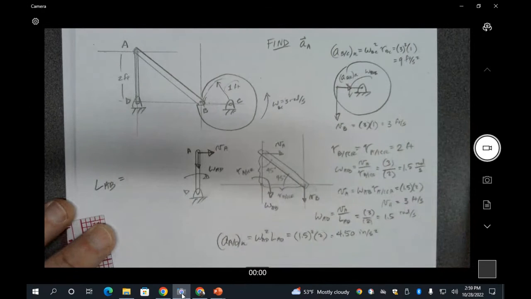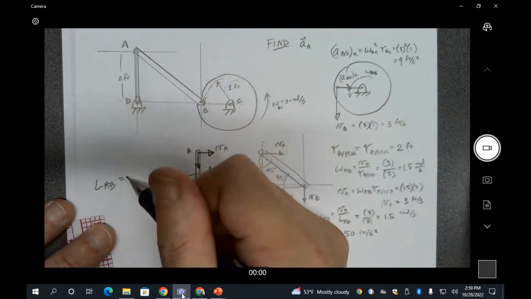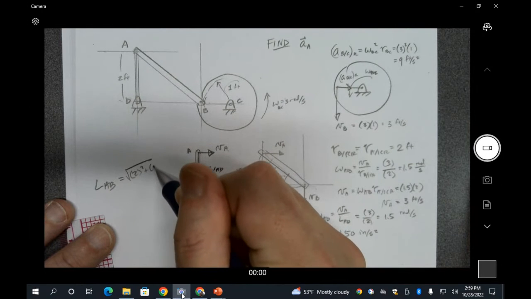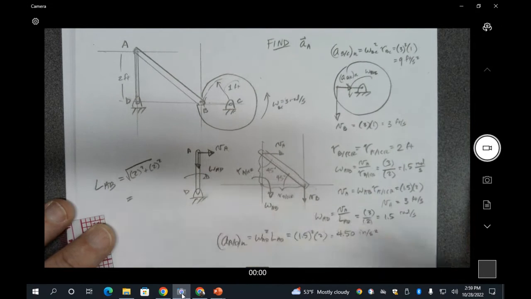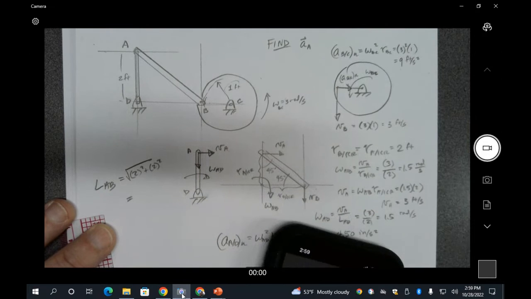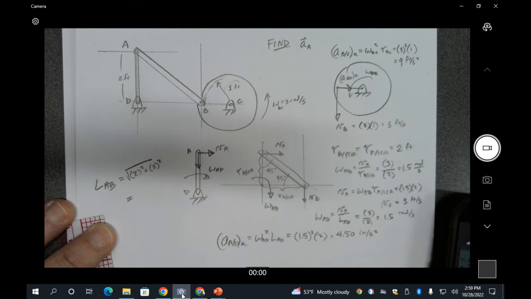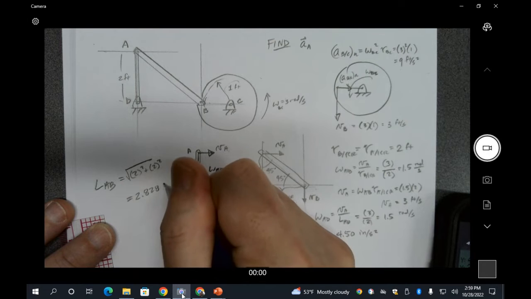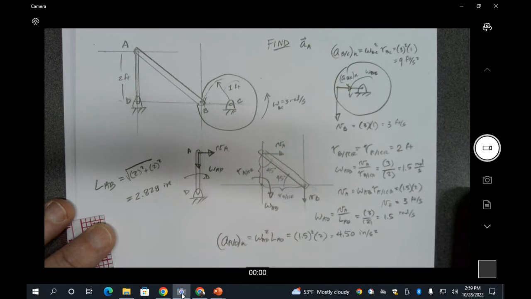We could do it a bunch of different ways, but it's just going to be the square root of 2 squared plus 2 squared. So it should be, what, square root of 8, right? Or 2.828. That should be familiar, 0.828, because it's a multiple of 0.707, right?